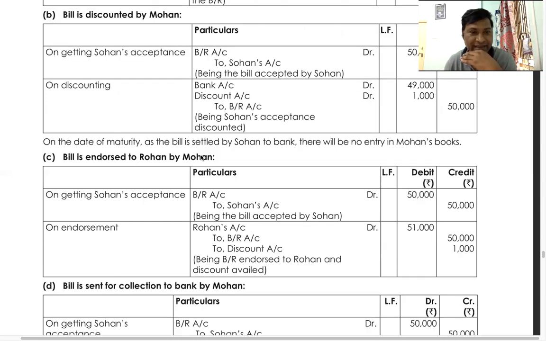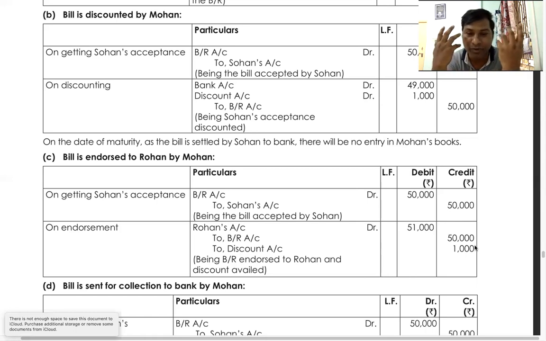The bill is endorsed to Rohan by Mohan. On getting Sohan's acceptance, this is there already, this is repeated. Now, on endorsement, Rohan's account debit. Rohan is supposed to receive 51,000, but he got a bill of 50,000 from Mohan. So, to bill receivable 50,000, and the remaining 1,000 is compromised as if Rohan gave a discount to Mohan.